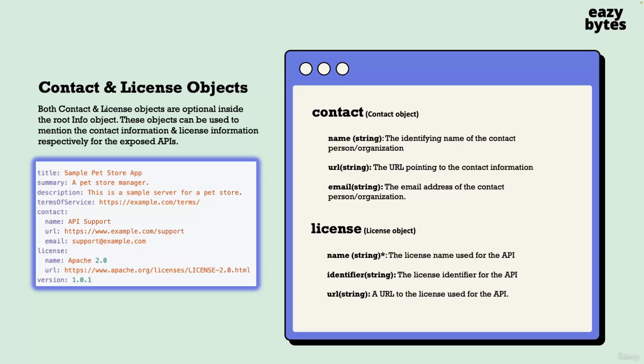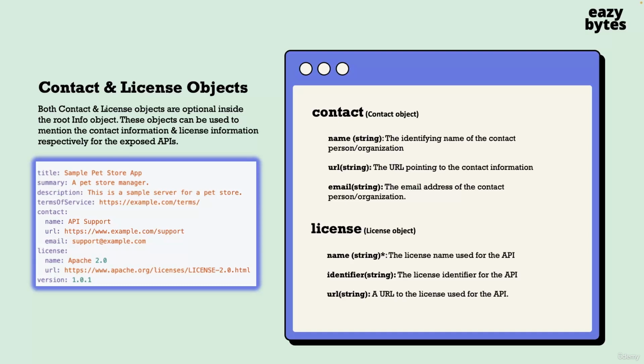Using the contact object, you can mention the contact details. If some consumer has issues consuming your APIs, or if they want to reach out to you for any clarifications, you can define those contact details using the contact object.